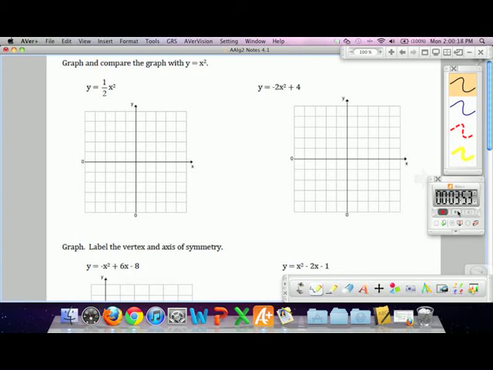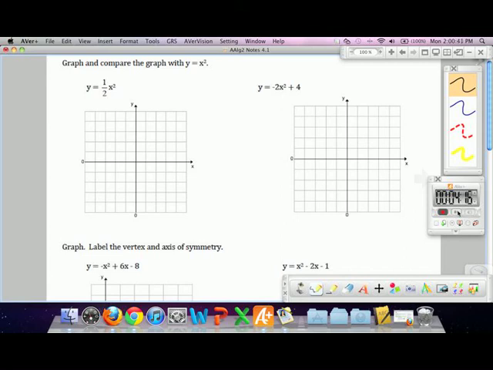If we're multiplying the x squared, what kind of transformation is this going to go under? It's going to be a stretch or shrink. And if it's multiplied by a number less than 1, is it a stretch or a shrink? Shrink it. So we're going to shrink every y coordinate by 1/2 from the original parent function.